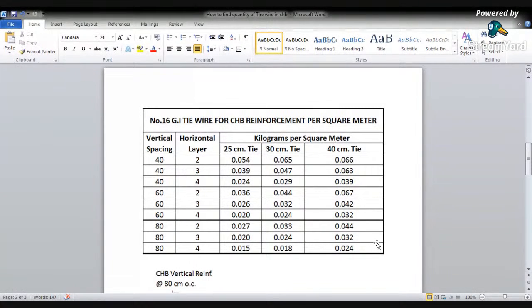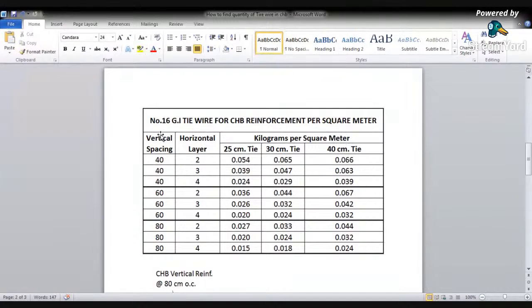You should check this table. So this is number 16 GI tie wire for CHB reinforcement per square meter. So this is talking about area. So per square meter. So it is clear that it is per area.